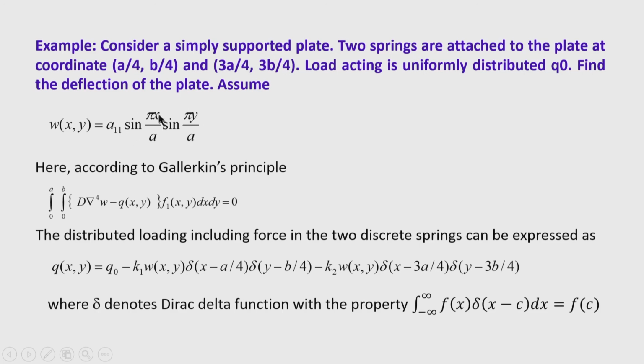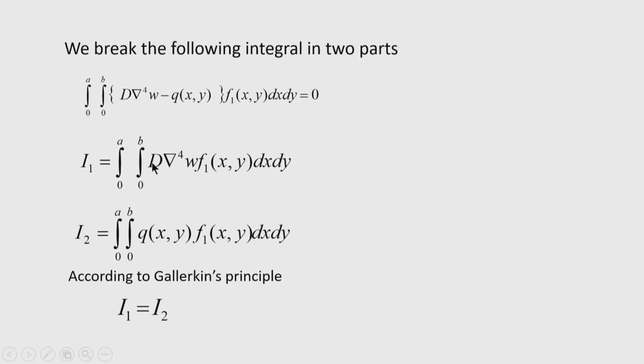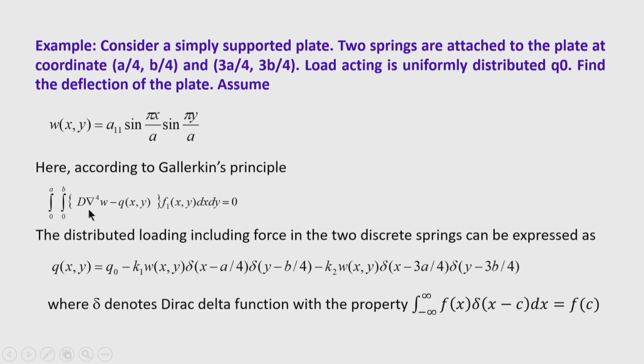But this function sin pi x by a, sin pi y by b completely satisfies the boundary conditions of the plate, that is, the deflection at the edges is 0 and the bending moment at the edges is also 0. Now, according to the Galerkin principle, we can write the integral of del 4 w minus q x y into f 1 x y dx dy equal to 0, that is, after integration we equate to 0.